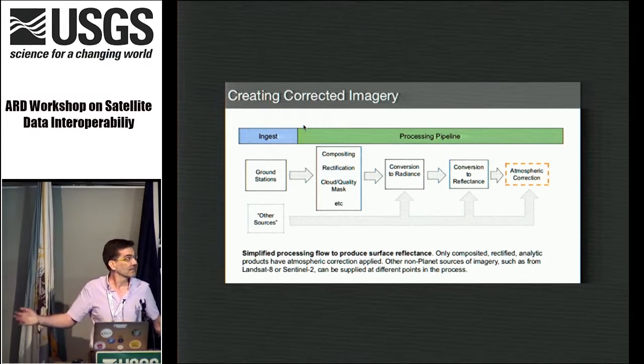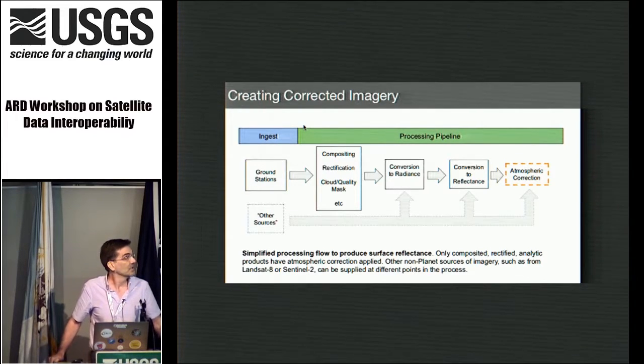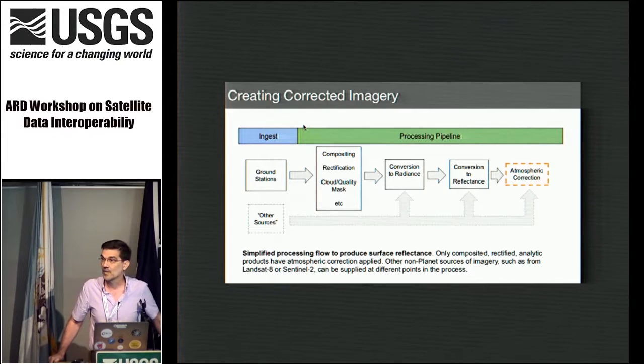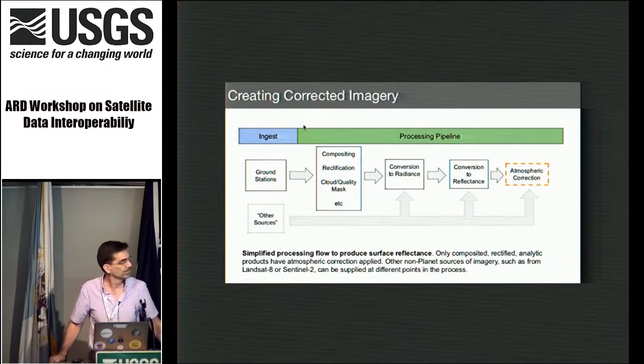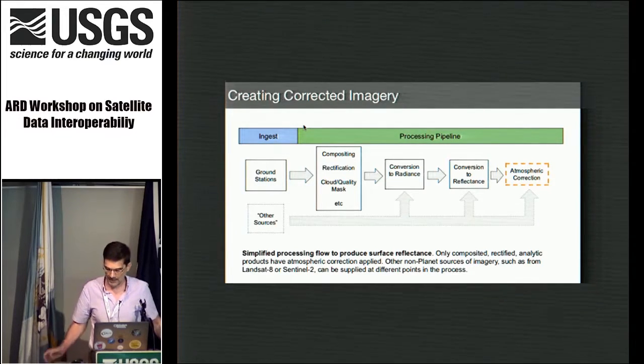Convert to radiance, get top of atmosphere reflectance, and then we have something that feeds into the atmospheric correction. But we also ingest other imagery, and that's ongoing, and we can insert that at various points in our processing. In particular, we ingest Landsat 8 and Sentinel-2 data.